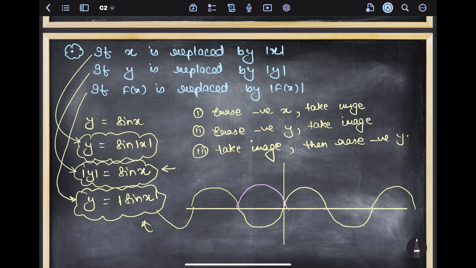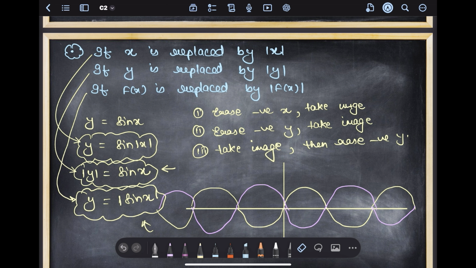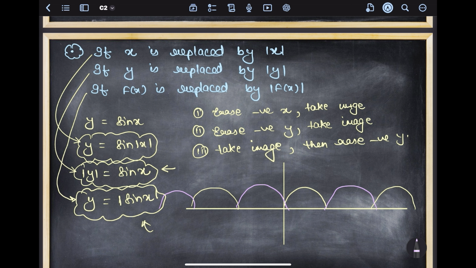Look at this. Then above part below. Done. So you have taken the image. Now you will erase negative y. Means you have to erase this part. Okay. Look at here. So this is your resultant graph.